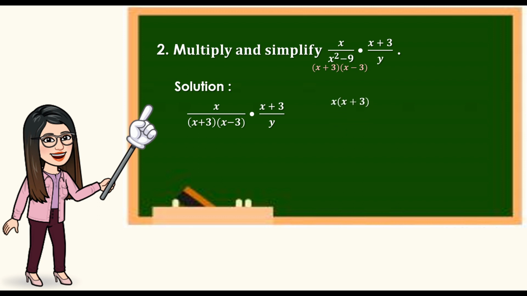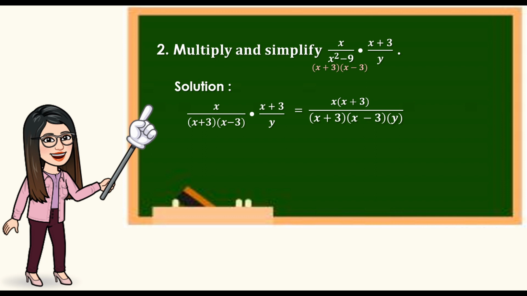as x plus 3 times x minus 3 for us to easily simplify the expression. Let us solve. So multiply the numerator, we have x times the quantity of x plus 3 all over, multiply all the given denominators. We have the quantity of x plus 3 times the quantity of x minus 3 times y. After that, as you can see in the given expression, in the numerator and the denominator, they have a common factor.